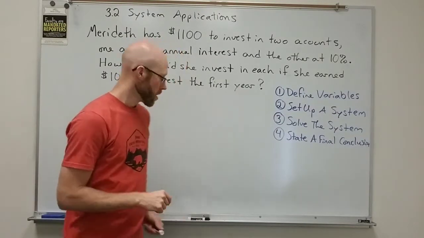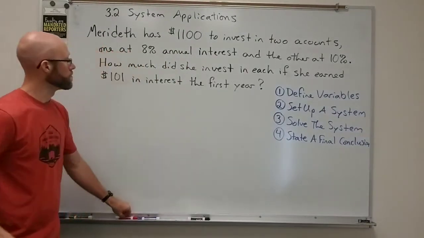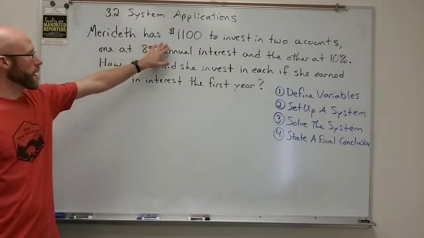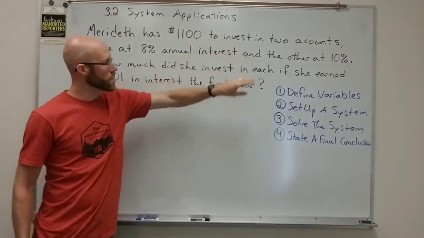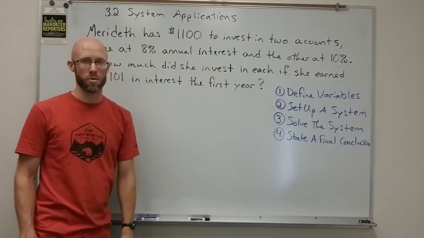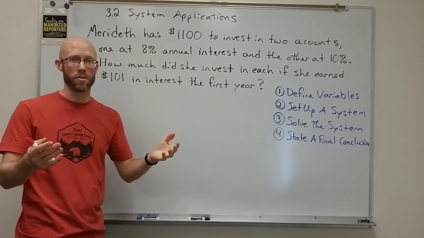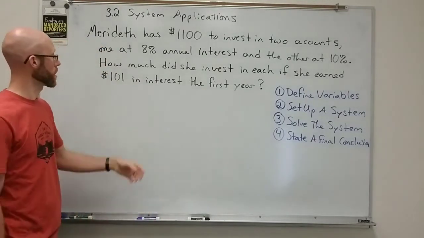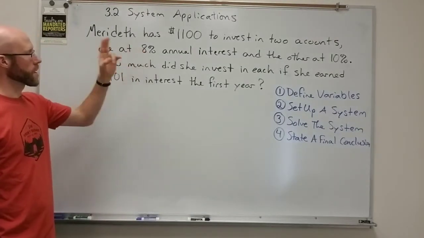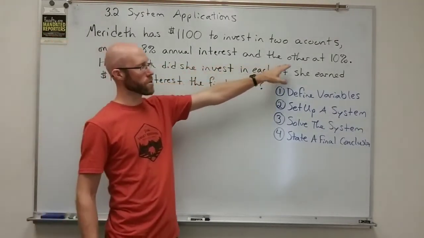Okay, so let's take a look at this first one. It says Meredith had $1,100 to invest in two accounts. Okay, two savings accounts or some sort of accounts in a bank, where she's investing this money. One of those accounts is at 8% annual interest and the other is at 10%.